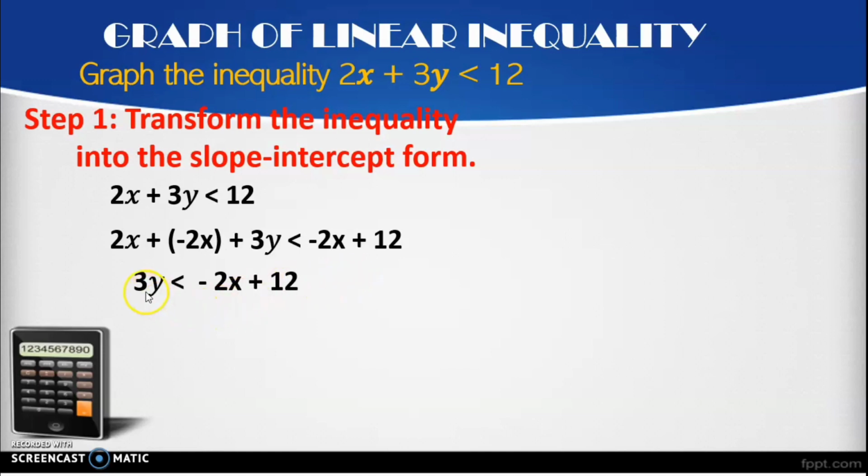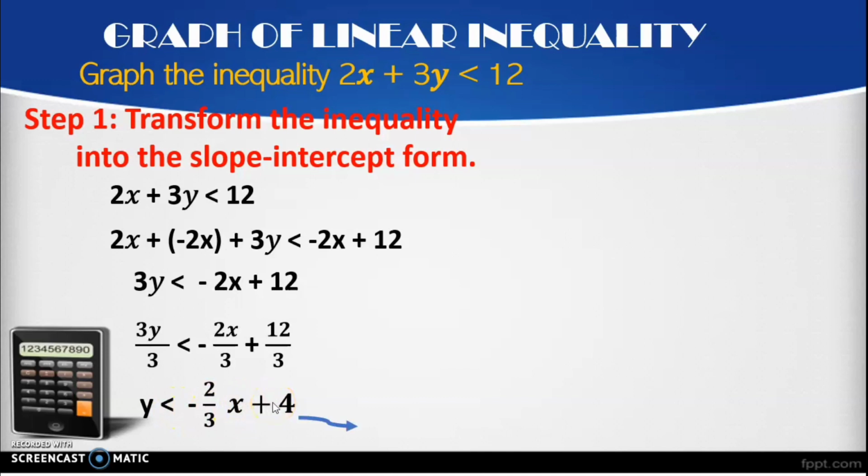Next step, i-divide natin both sides by 3. So, we have y is less than negative 2/3 x plus 12 divided by 3, which is 4. So, our inequality in slope-intercept form is y less than negative 2/3 x plus 4.